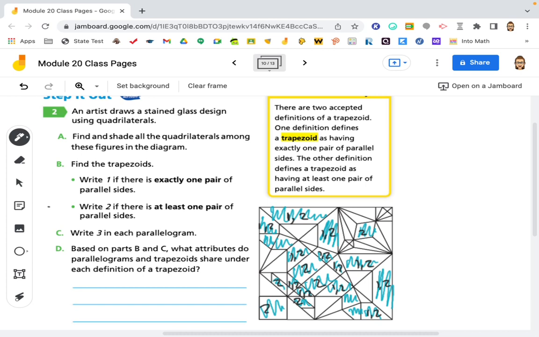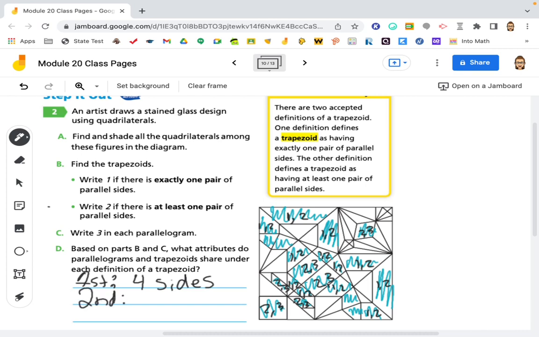Okay, then it says, write 3 in each parallelogram. Well, guess what? The ones that have 2's in them are also going to be parallelograms, because they have 2 sets of parallel sides that are congruent to each other. So the base of parts B and C, what attributes do parallelograms and trapezoids share under each definition of a trapezoid? So the first definition would be having 4 sides.